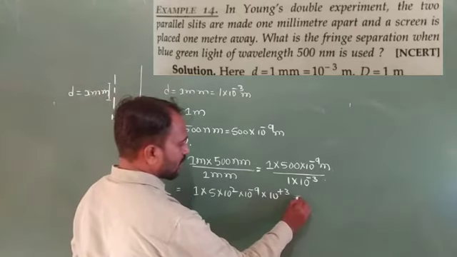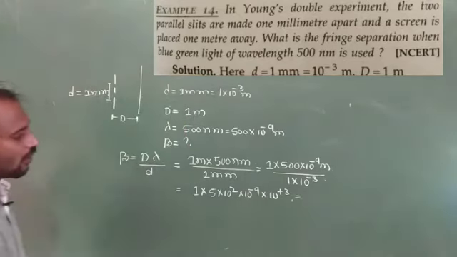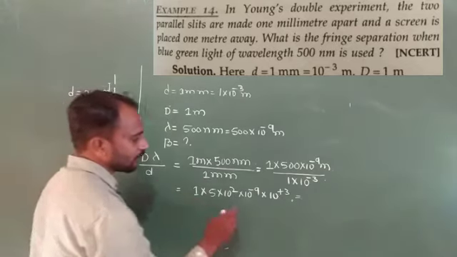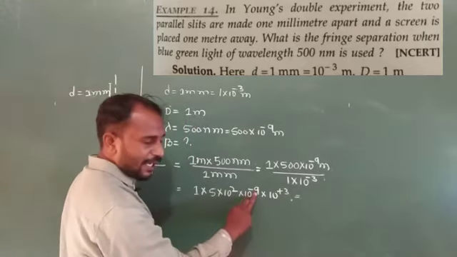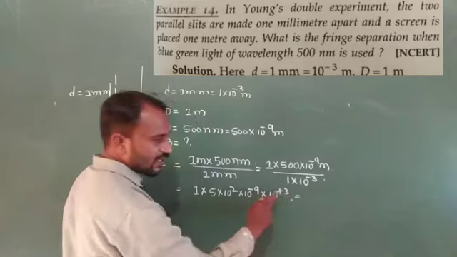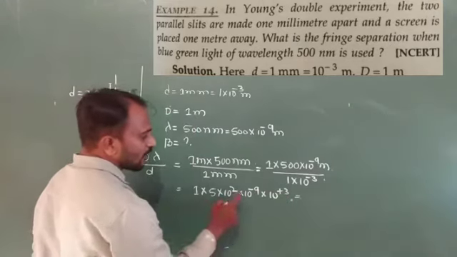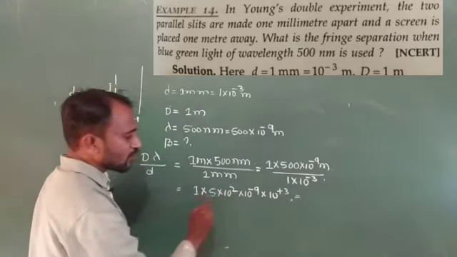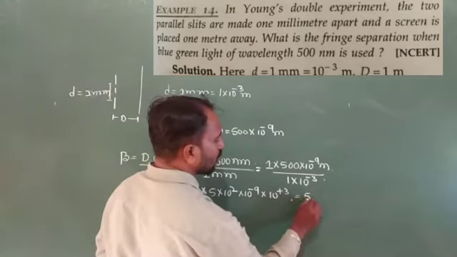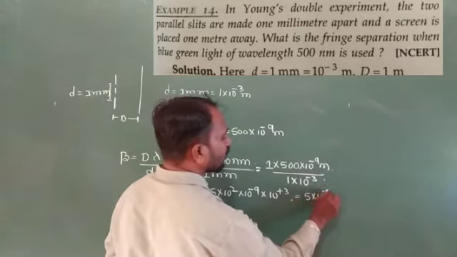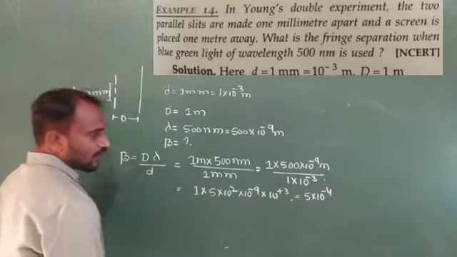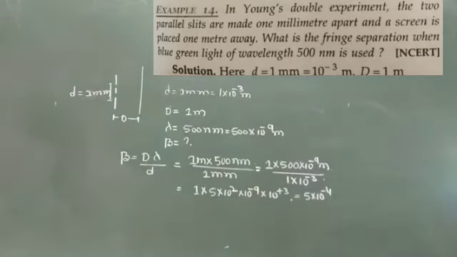So 10 power minus 9 plus 3 gives 10 power minus 6, plus 2, so 5 into 10 power minus 4.